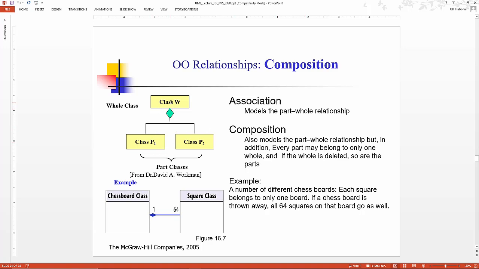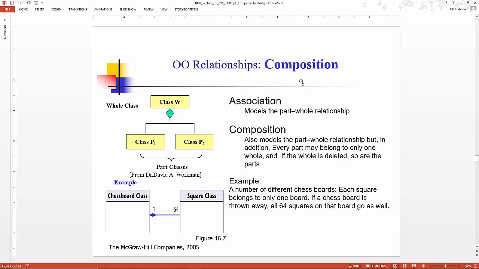Okay, so here's a general representation of it where we have, note we're using the diamond, that's the symbol you use to denote composition, where this is the whole and these are the parts. Okay, here's an example. Chessboards. You have a chessboard and you have squares on the chessboard. There's 64 squares on the chessboard. There is a multiplicity relationship here, that is, chessboard has 64 squares, but a square only belongs to one chessboard.